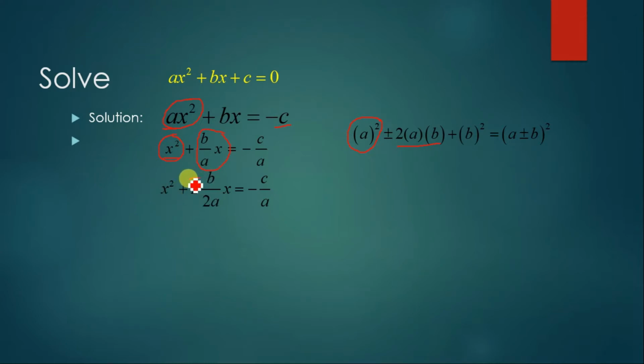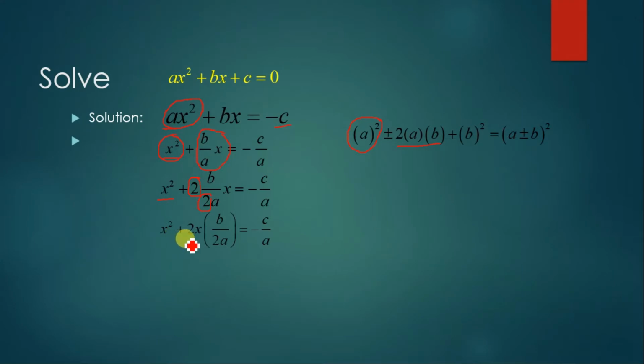I have multiplied this term by 2 and I also divided it by 2. So it becomes x squared plus 2 into b upon 2a into x equals minus c upon a. You can see that I have converted this b upon a into x into the form of 2ab.